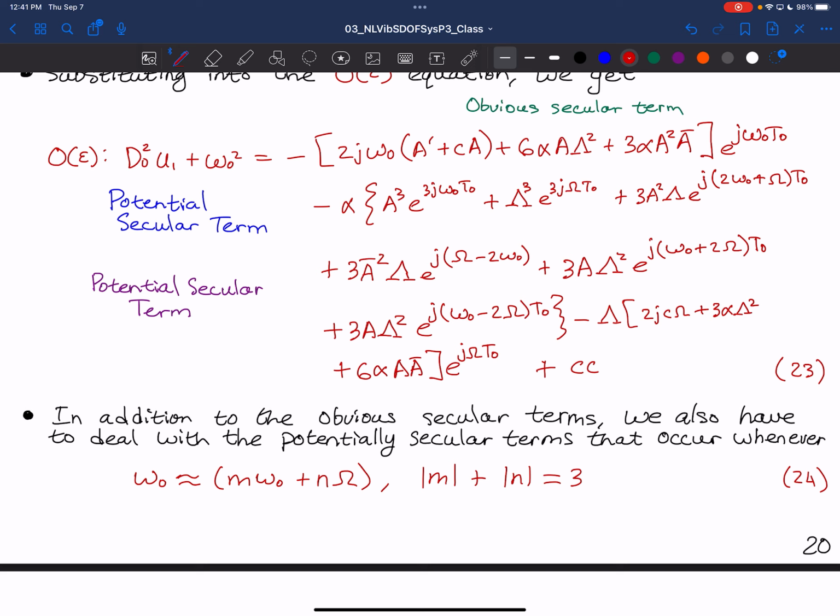On that third line, on the exponential, why are we not multiplying by t0? We should be. So right here. Yeah, good catch.